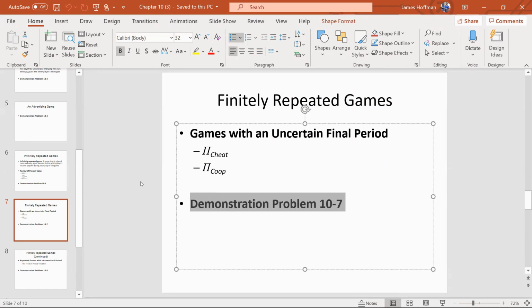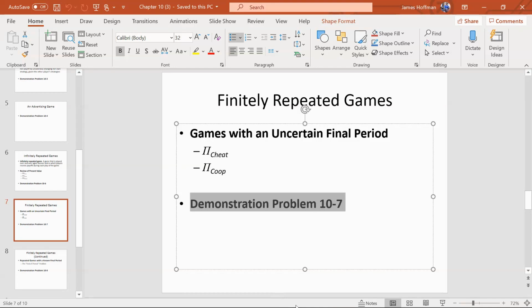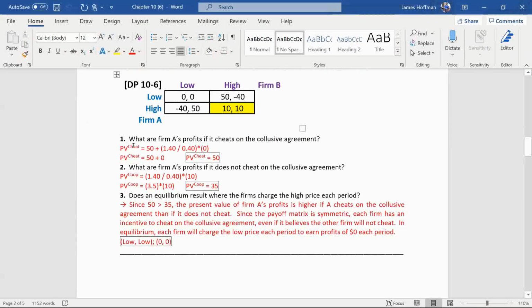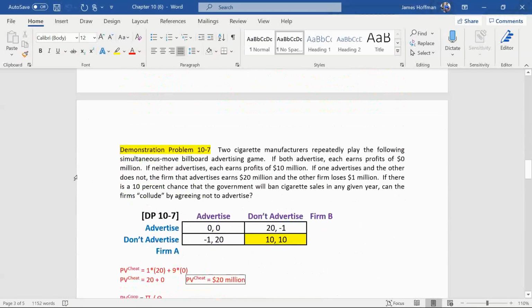In demonstration problem 10.7. Okay, so two cigarette manufacturers repeatedly play the following simultaneous move billboard advertising game.